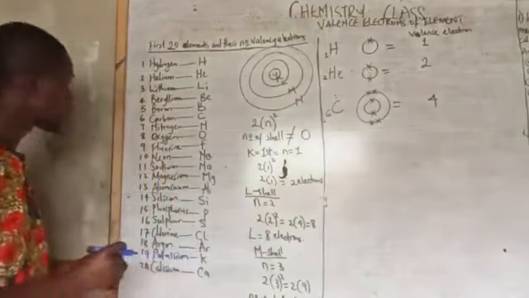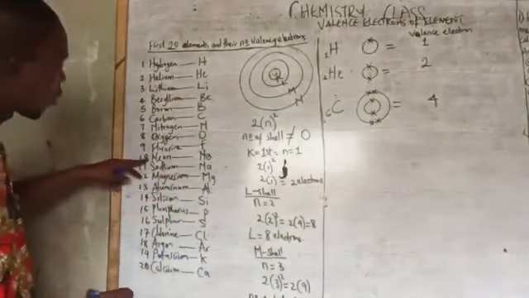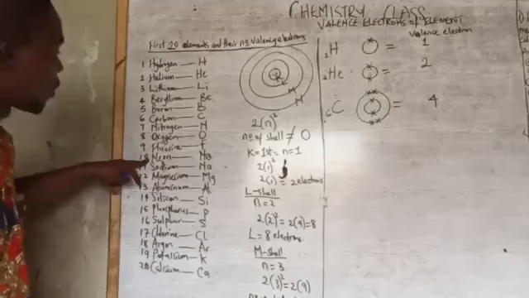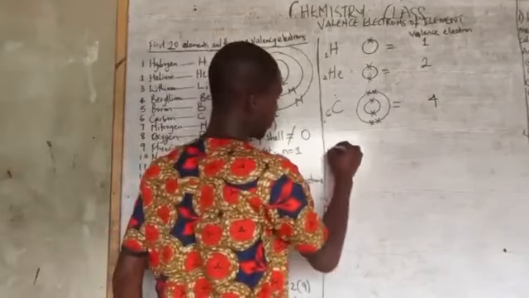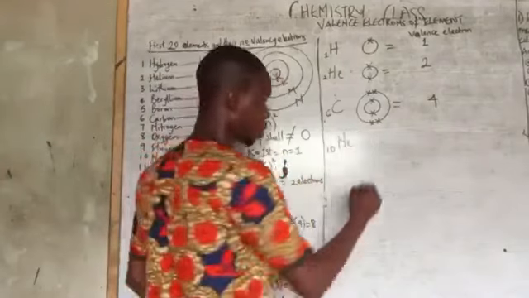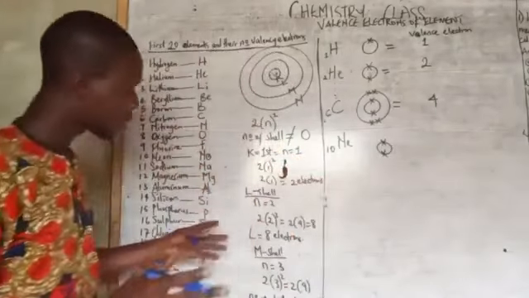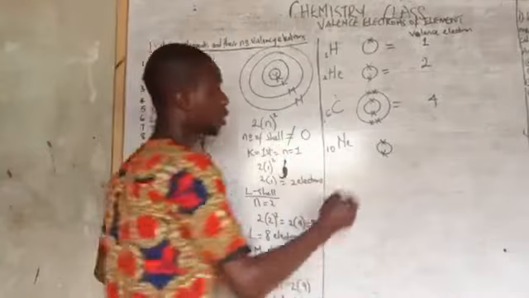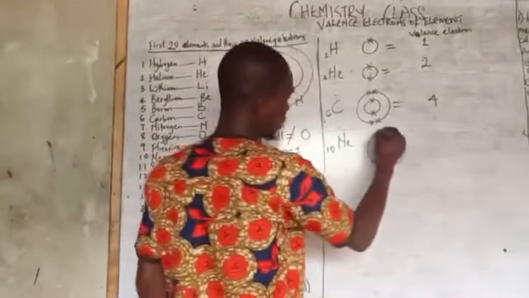So I am going to be skipping nitrogen, oxygen, fluorine. I want to move to neon. What's the valence electron of neon? Neon has 10 electrons in its atom. The first shell, as we already calculated, contains 2 electrons. And the next shell, the maximum number of electrons it can occupy is 8.